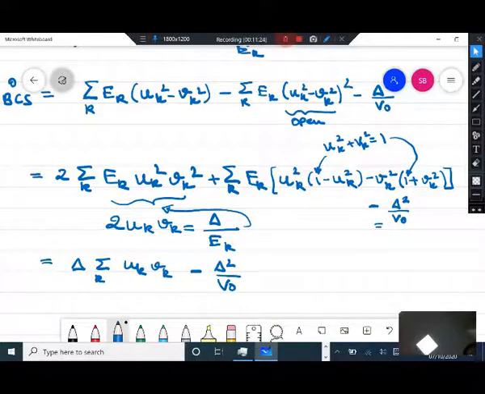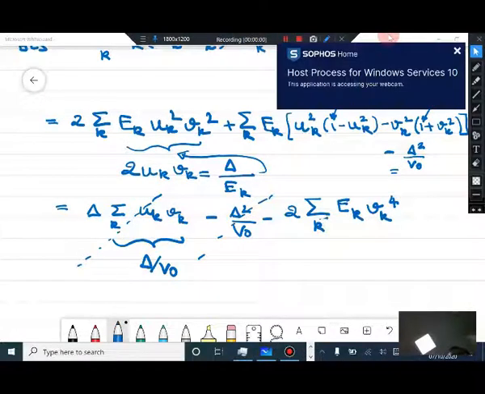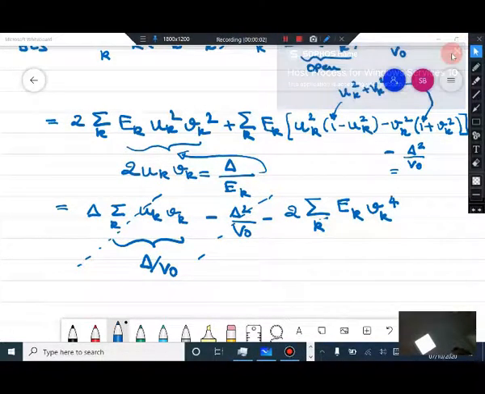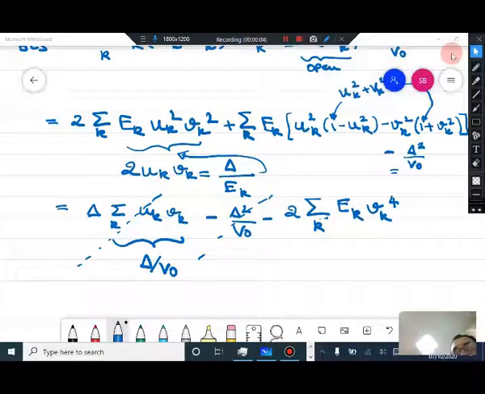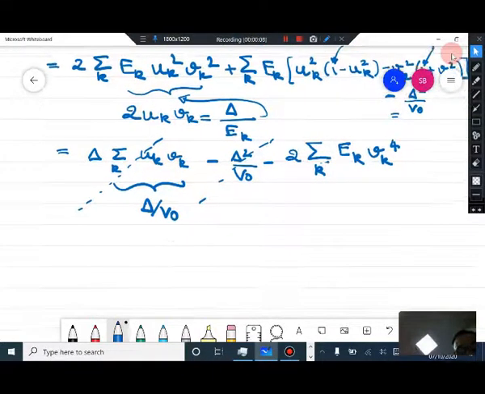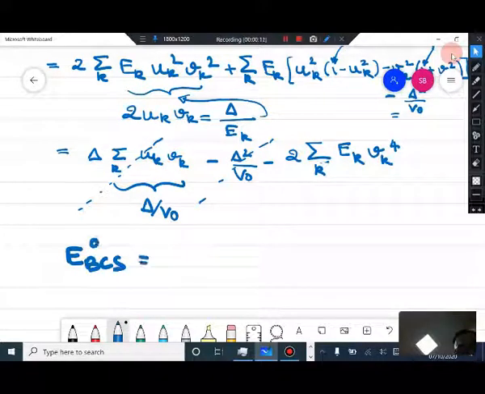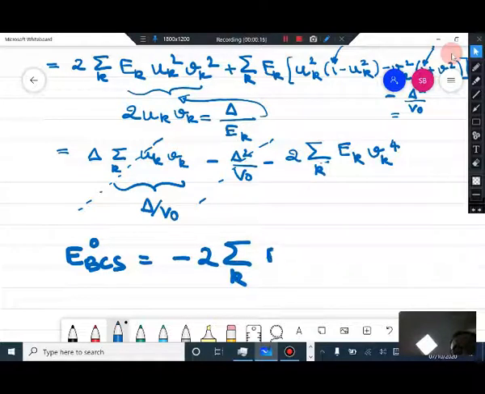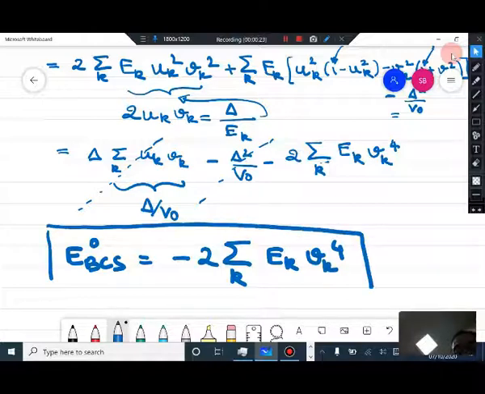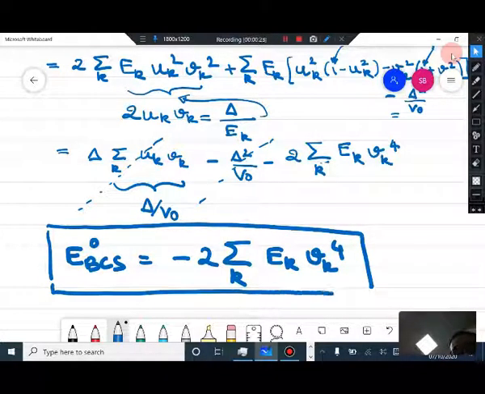You have this term, and once these cancel out, then your E_BCS is just minus 2 summation over k Ek Vk raised to 4. This is your total energy of the ground state BCS wave function.